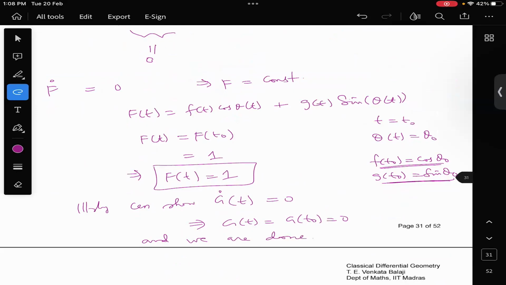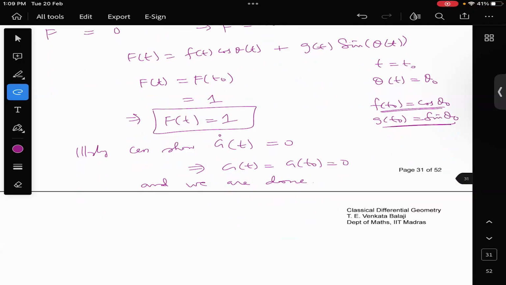So the moral of the story is that we have gotten this turning angle. Once you have this turning angle, you can immediately show as a result of this that the immediate corollary is the Frenet-Serret equations. I will do that in the next class. Let me write the corollary.